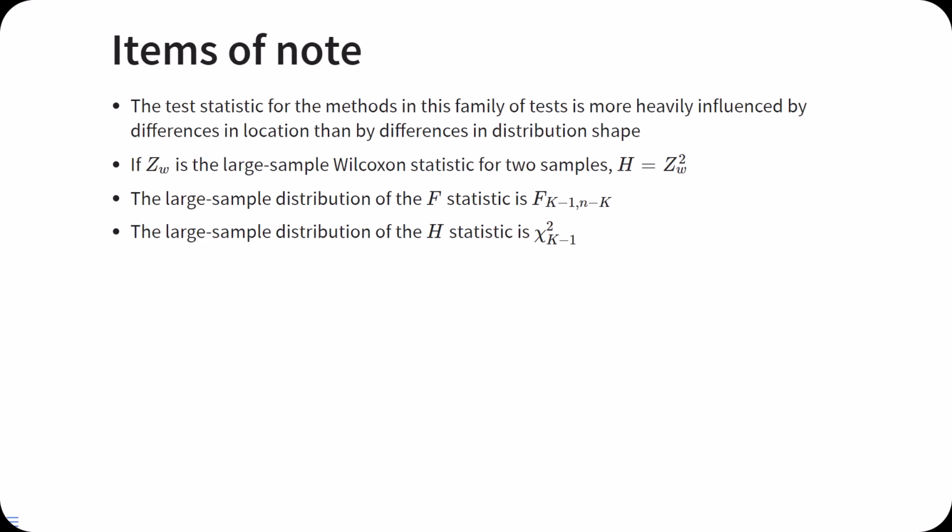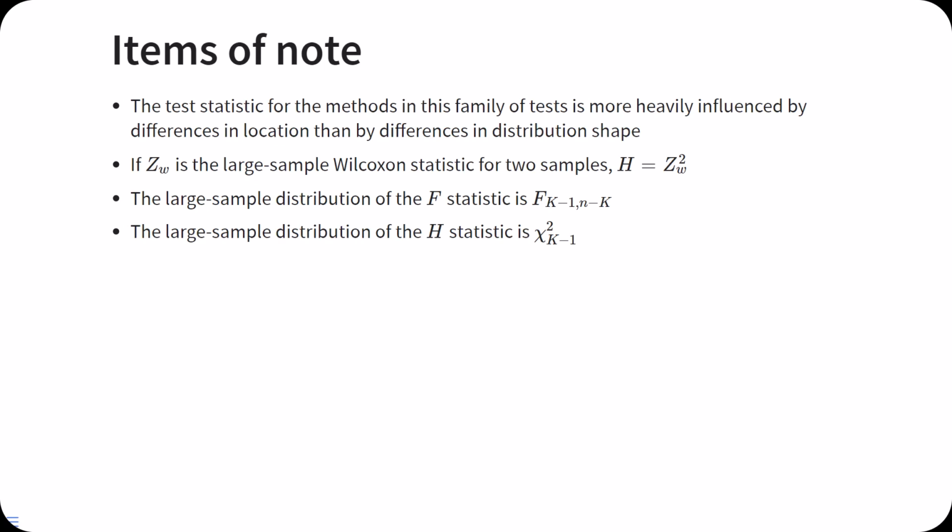But what I'm showing you here is that research has demonstrated that if you have differences in shape, there is going to be some influence on the test statistic, but that influence is not nearly as heavy as is the influence of differences in location. That's reassuring and tells me that I could use a null hypothesis about medians in each of the populations and whether they're equal, and have a little bit of differences in each of the shapes of the distributions, and I'm still going to have a fairly accurate test.